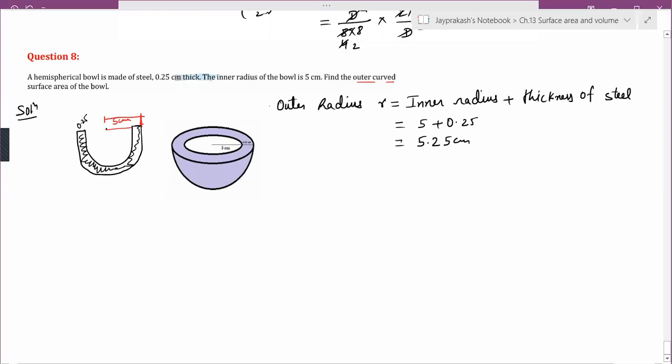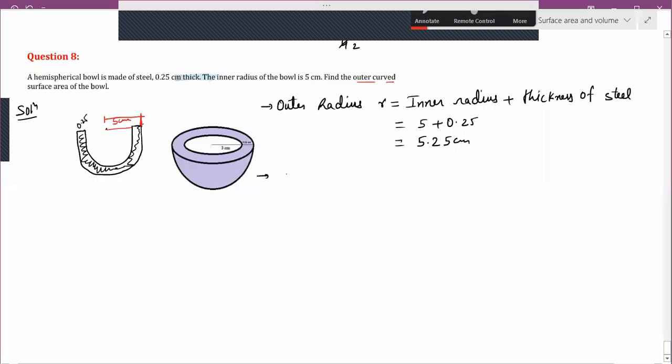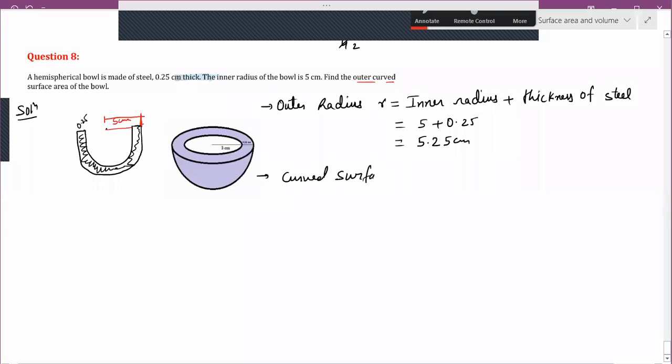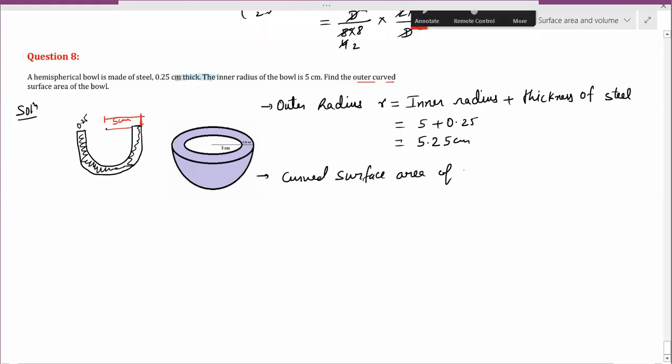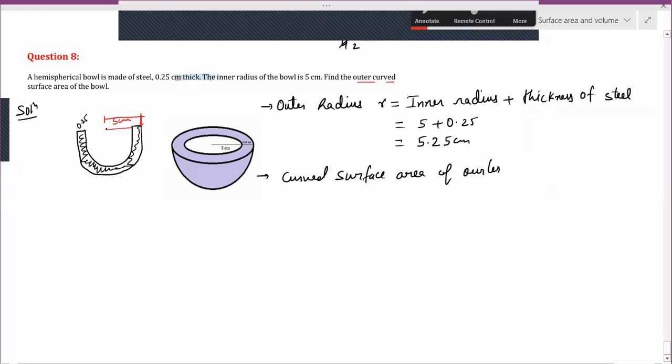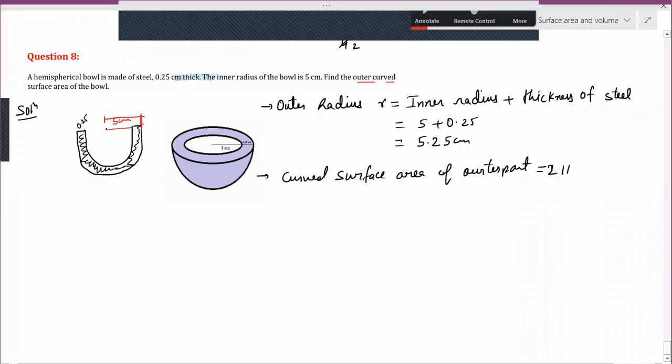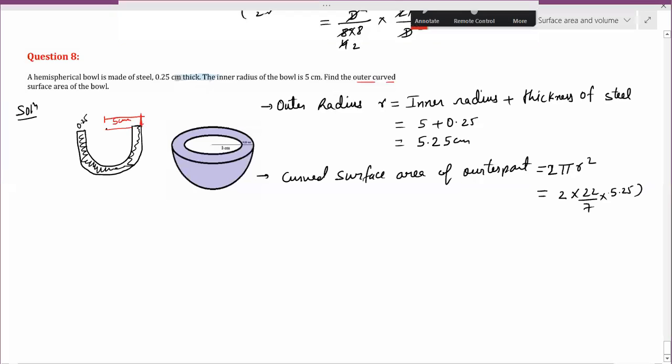Now find the curved surface area. So the curved surface area of the outer part is 2 pi r square because it is a hemisphere, half sphere. So 2 into 22 by 7, we can write 5.25 whole square.